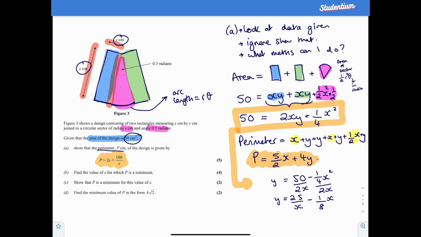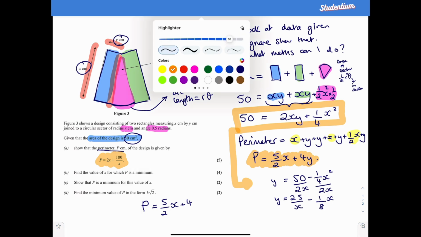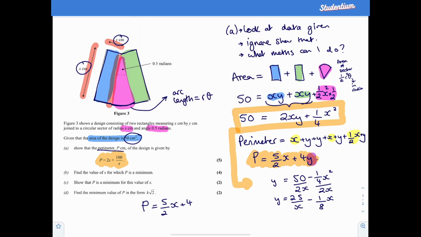So we know that p equals 5 over 2 x plus 4 times, and then in place of y that we have in this formula, so let me highlight it for you. In place of this y, I'm going to replace it with 25 over x minus 1/8 x. And then we will simplify this. And I promise you it's going to work, because these just always do.